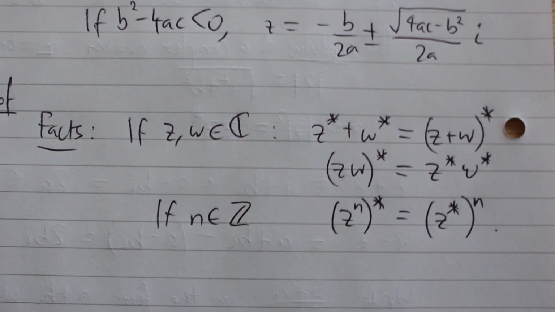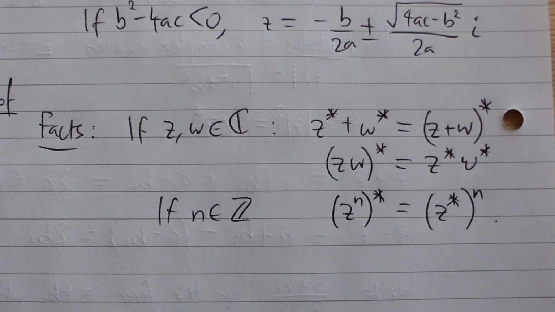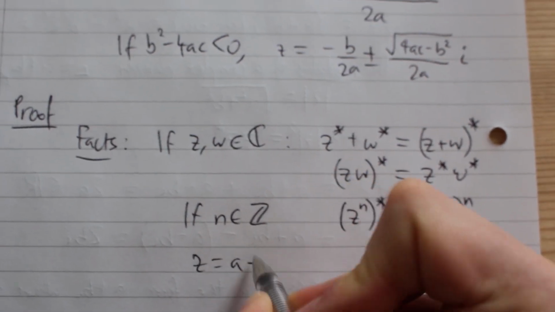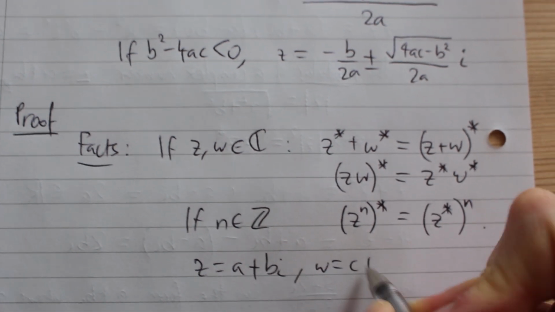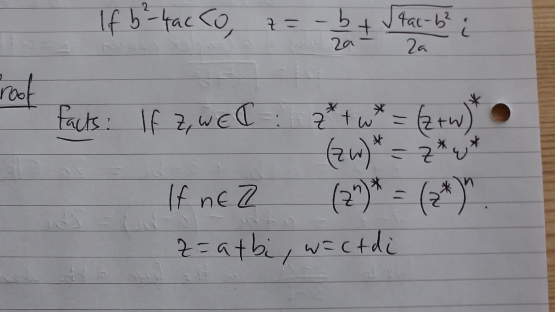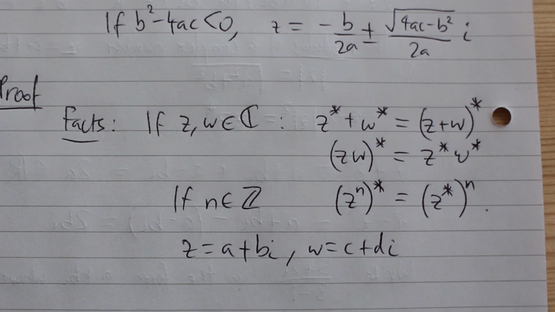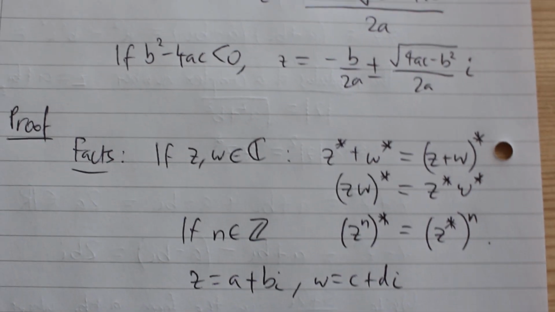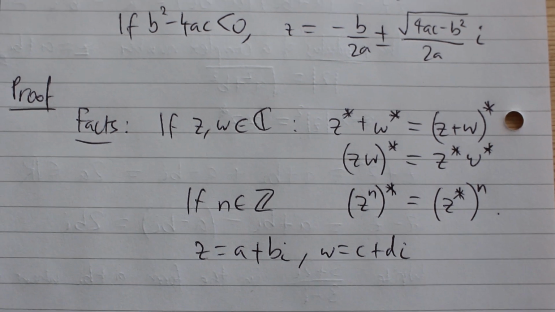The first two I'm hoping you would be able to prove for yourself if you simply write z as a plus bi and w as c plus di, where a, b, c and d are real numbers. You should be able to prove these first two facts for yourself. This third fact is slightly harder to prove.